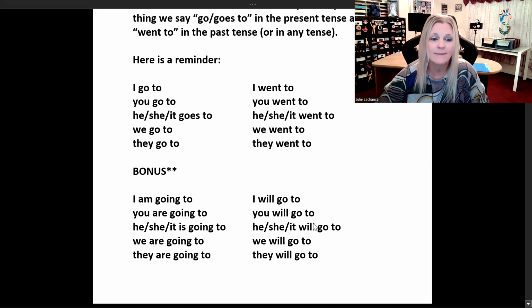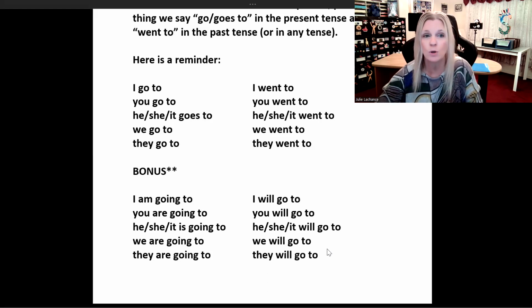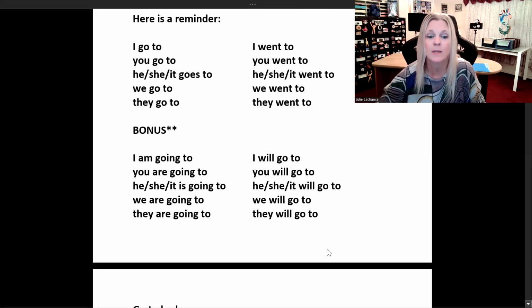The present progressive: I am going to, you are going to, he, she, it is going to, we are going to, they are going to. I will go to in the future. You will go to. He, she, it will go to. We will go to. They will go to. Where's the confusion? I don't know. Just put to after go or went when there's a movement toward a person, place, or thing.